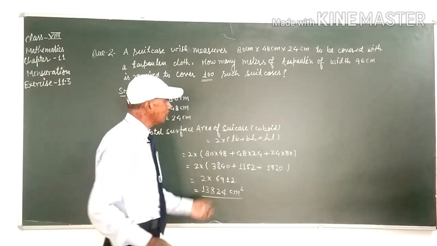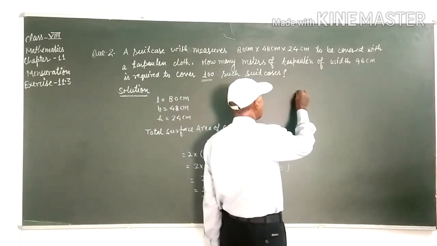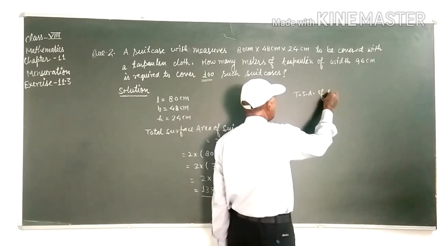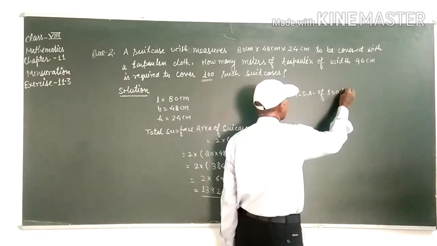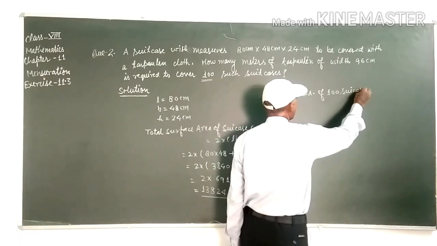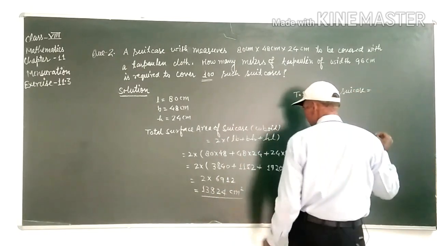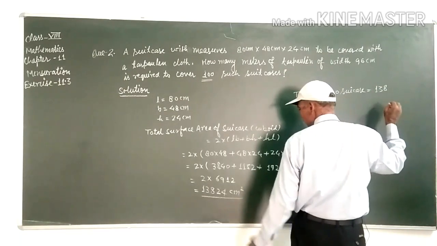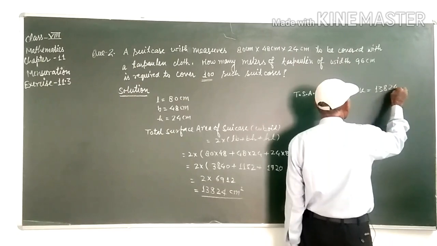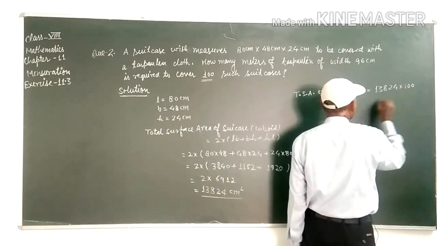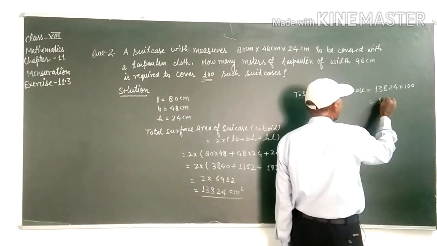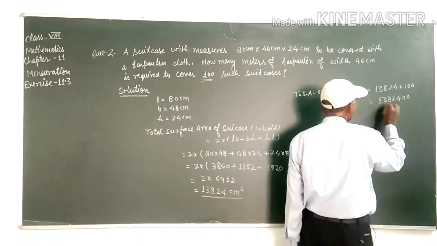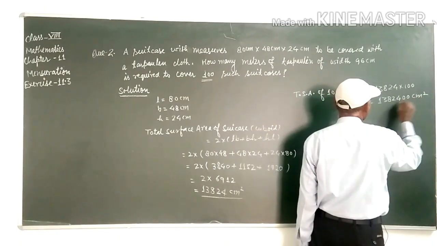Now we have to find out the total surface area, TSA, of 100 suitcases. That is 13824 into 100, and it will be 1382400 centimeter square.